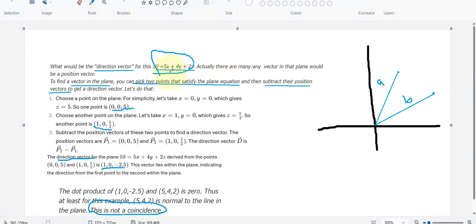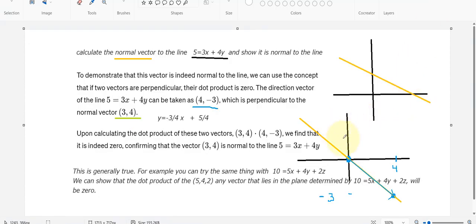So now we know a way to get the normal vector for a plane, but we don't actually need it for the plane for what we want to do. We just need it for the line. So we have a line, we have a direction vector for the line, and then we collect the coordinates here, and we get a vector.